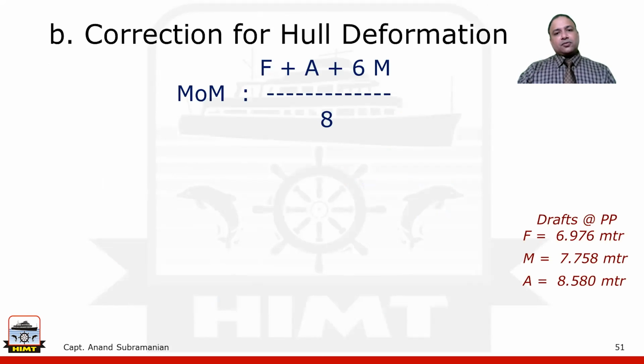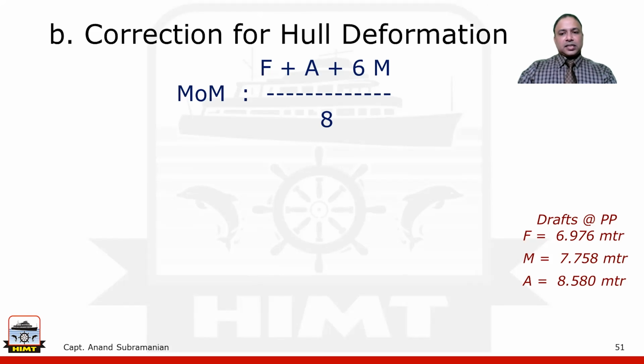Next, we come to the correction for hull deformation, to negate the effects of hog and sag. Again, the formula uses the forward draft, aft draft, and 6 times the midship draft, and these are the drafts at the perpendiculars, obtained from the previous step. This is just for recollection, and the values are here.